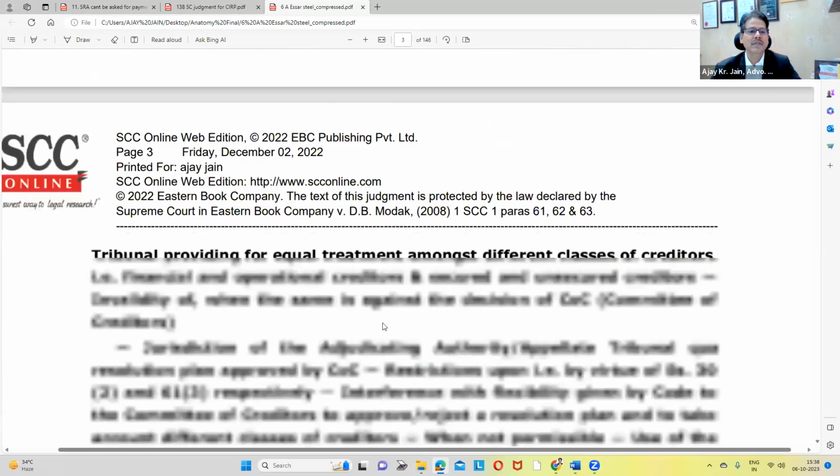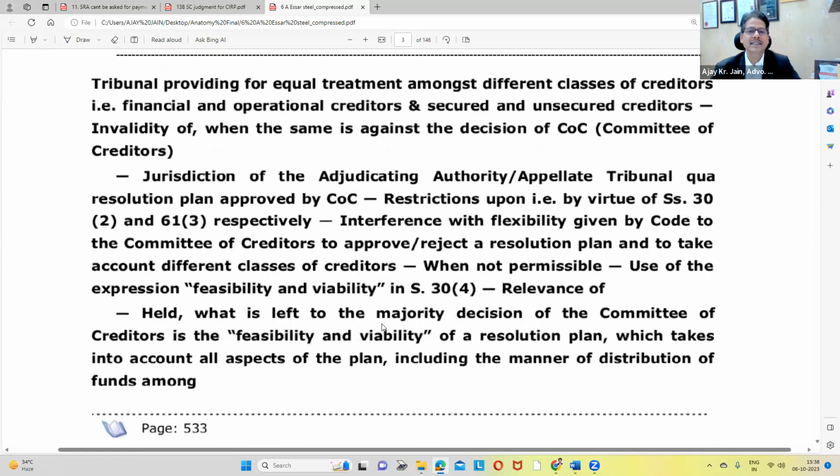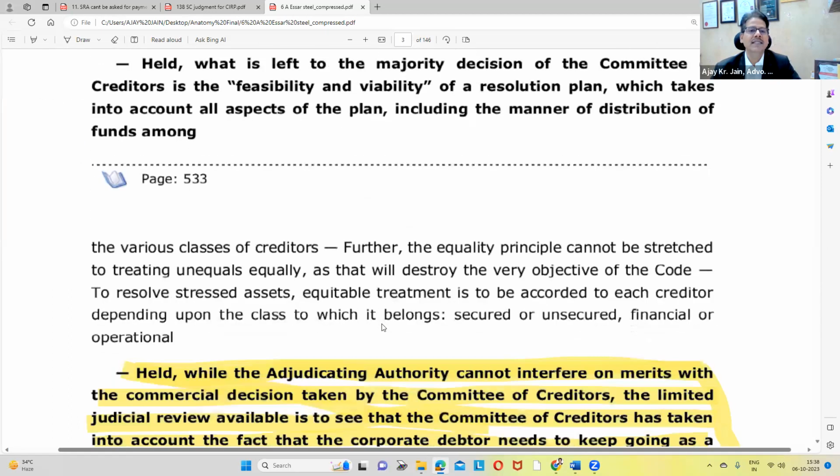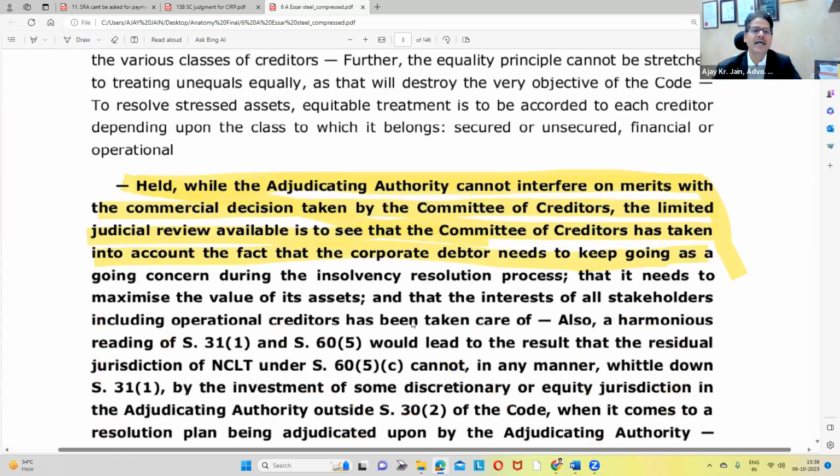Now, in the same judgment, another view has been taken on a different aspect. The commercial wisdom of the COC, you must have read many judgments with respect to this. This judgment has been followed in all judgments where commercial wisdom has come into play.